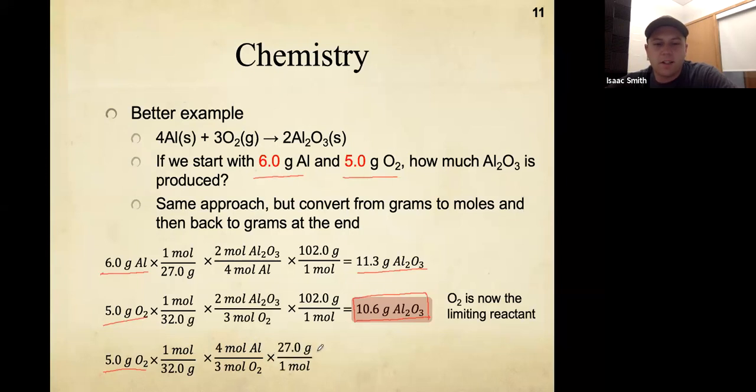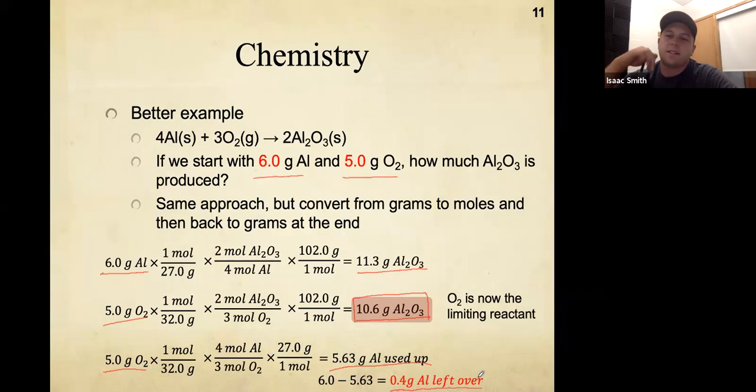And then you're going to use the molar mass to convert from moles of aluminum to grams of aluminum. And it tells us that we use 5.63 grams of aluminum. We started with 6 grams of aluminum, so that means we have about 0.4 grams of aluminum left from the reaction. Okay, this is the basic principle and idea behind all limiting reagent questions.